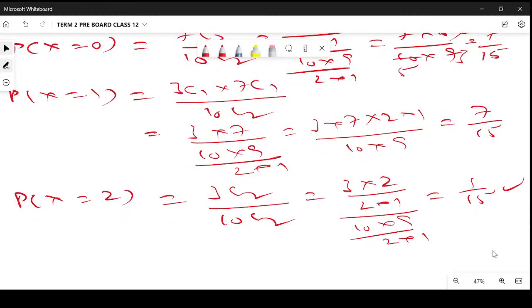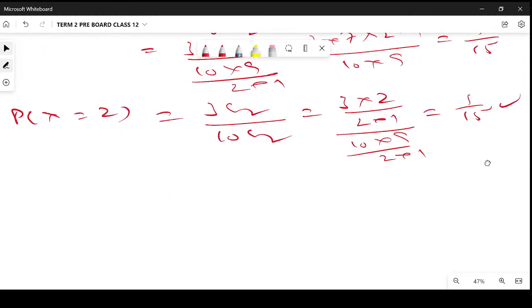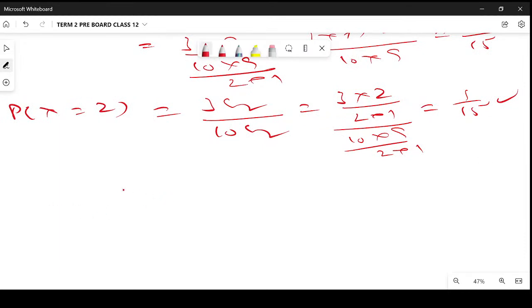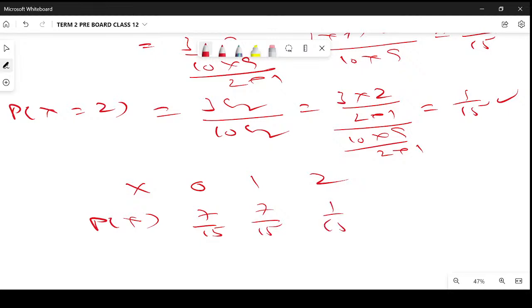So I should make the table now. To make the probability distribution table: the X values they have given are 0, 1, 2, and the corresponding probabilities of X are 7 by 15, 7 by 15, and 1 by 15.